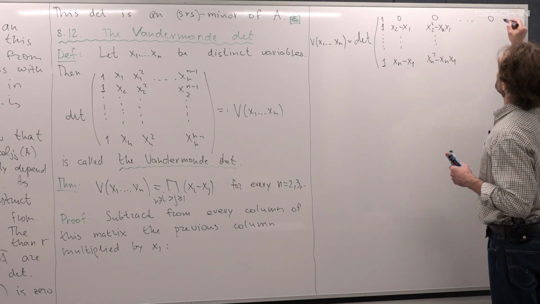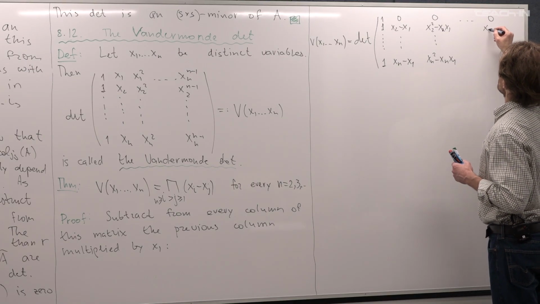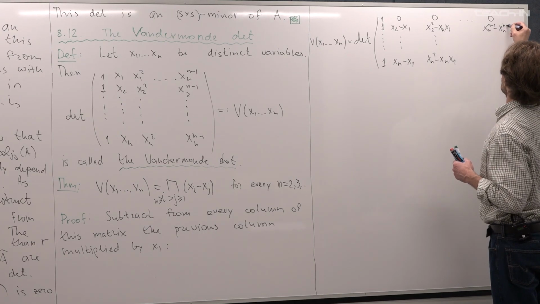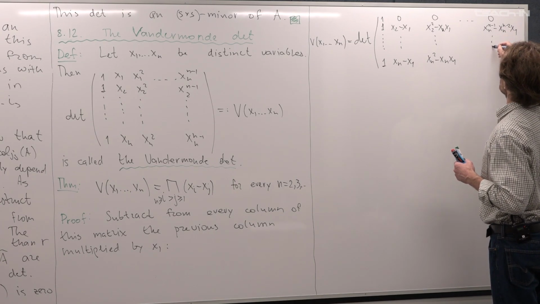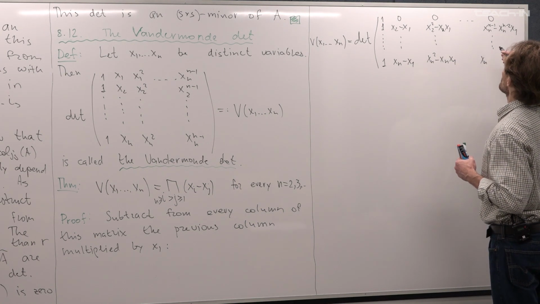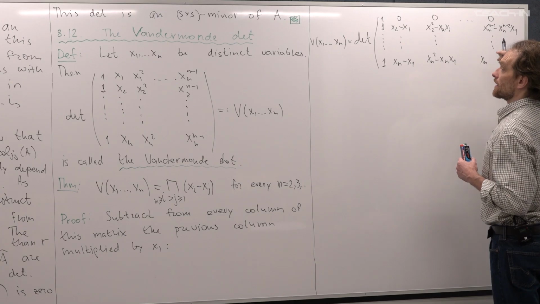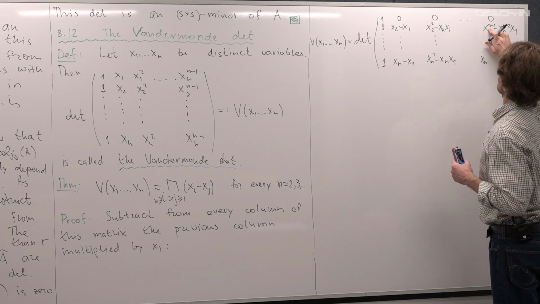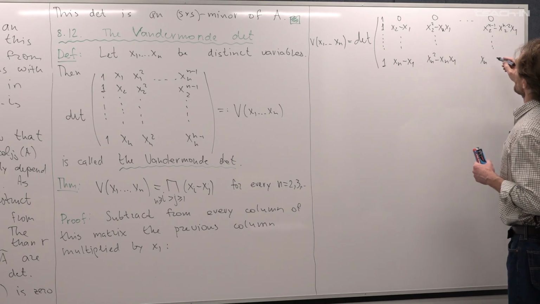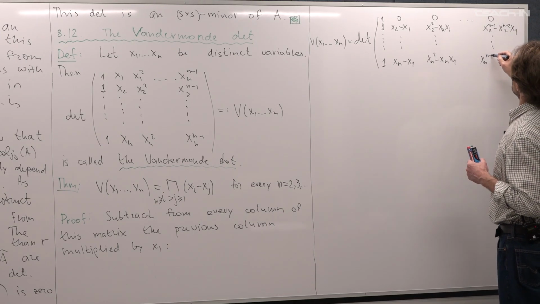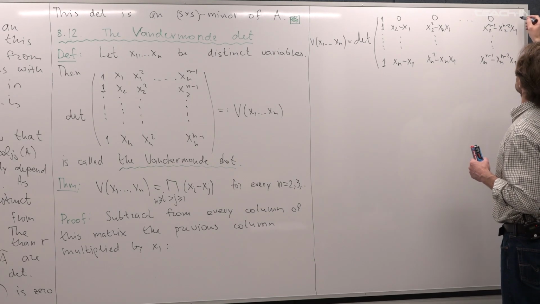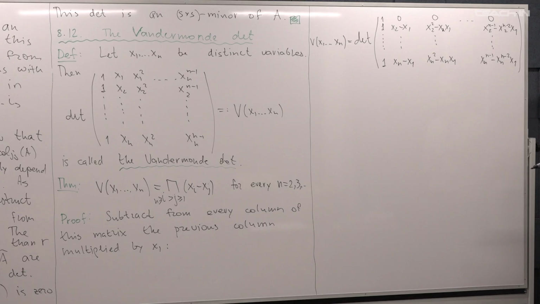And so the last column has the form x2 to the n minus 1 minus x2 to the n minus 2 by x1, and so on, and xn to the n minus 1 minus xn to the n minus 2 multiplied by x1. So this is what we get here.